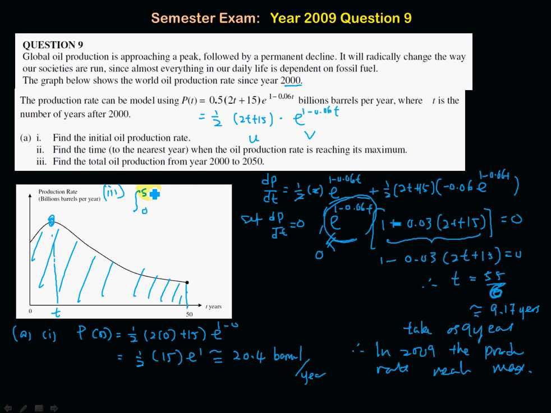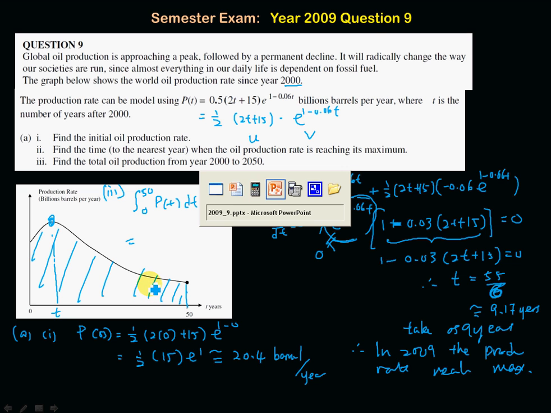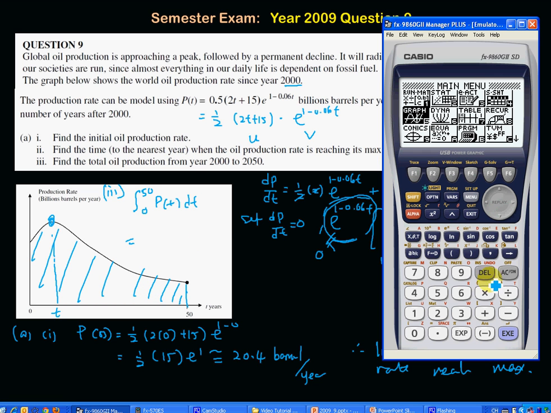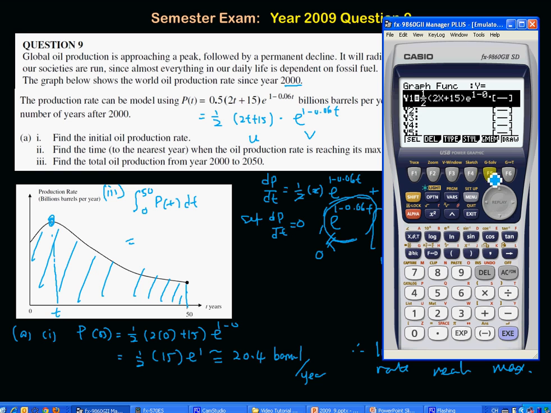You put in the function P(t) and integrate. I'm not going to do this by hand, but I'm going to use the GC to help us. I've entered this function, but I have yet to set up my viewing window.